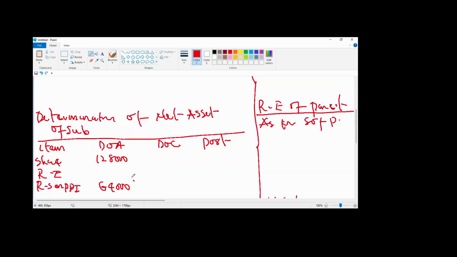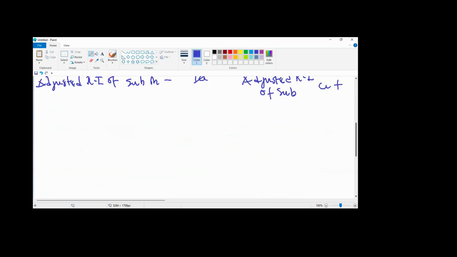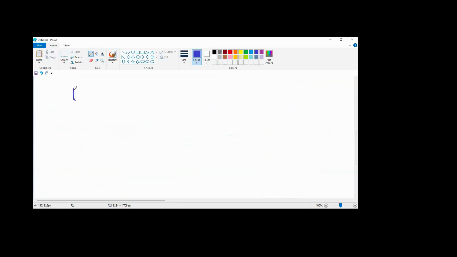Then the depreciation on the surplus. What is the useful life as at the date of acquisition? Now, depreciation: 64 is the surplus, divided by the useful life, times the period from the date of acquisition to the date we are consolidating.